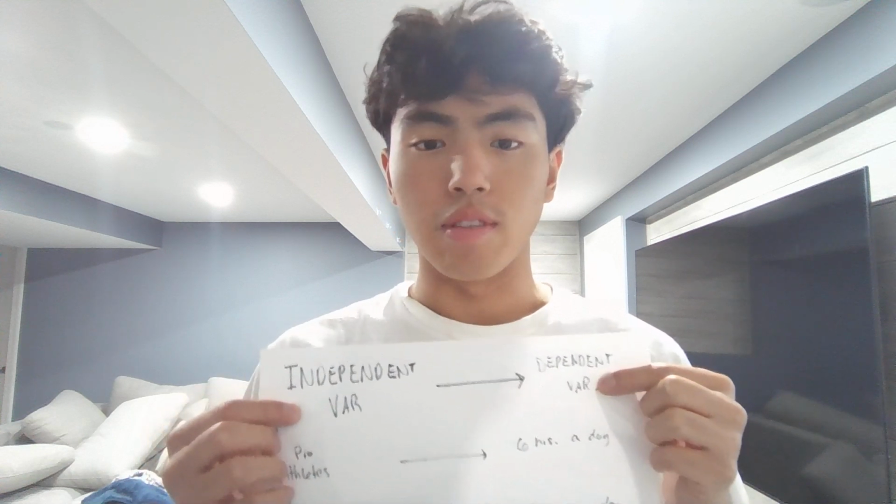And so for our first example, we have an explanation of the difference between confounding variables and causal links. So my little diagram here, we have an experiment with an independent variable and a dependent variable.